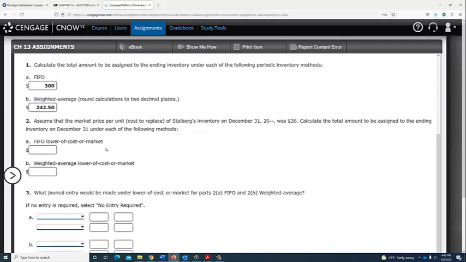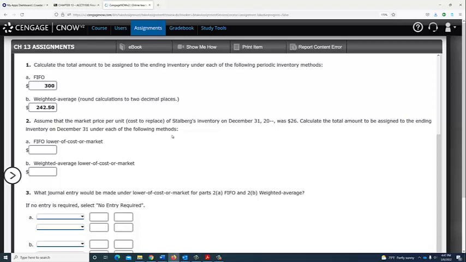Okay, so now we're going to do the lower of cost or market with FIFO and then also with weighted average. If I use the FIFO inventory method and also employ lower of cost or market, I am going to either use this 300 that I've already calculated or the market value, whichever is lower.